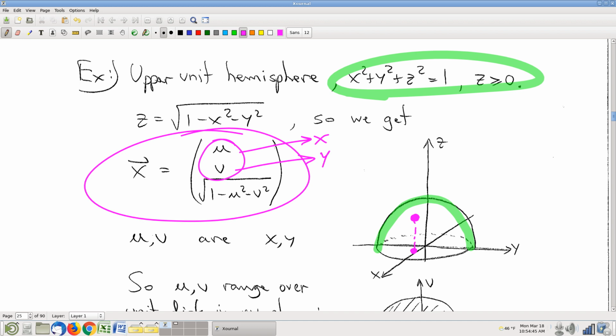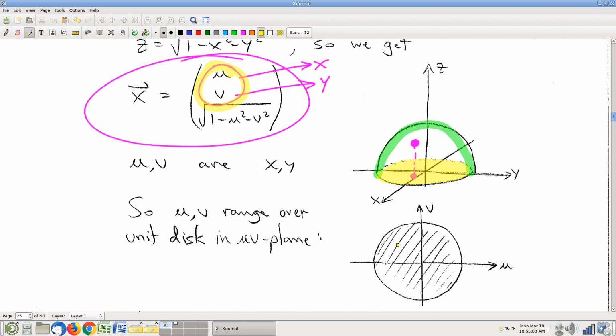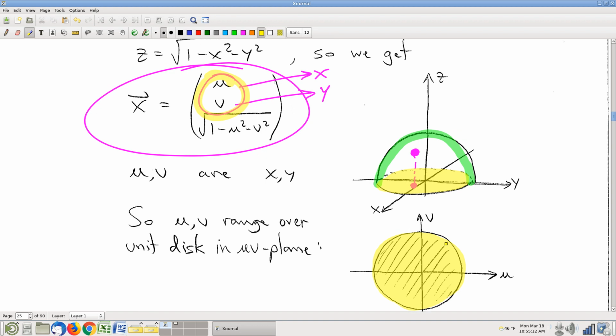They just come from straight down below that point. So u and v range over the same values that x and y range over, namely, u and v range over the projection of this surface down into the xy plane, or said differently, the unit disk in the UV plane. Everybody on board with that? Okay. All right.